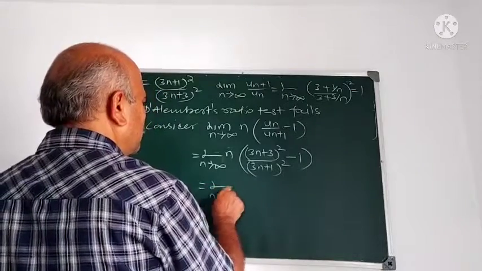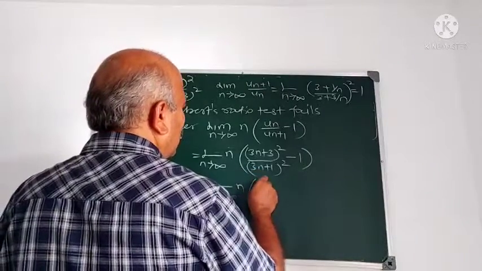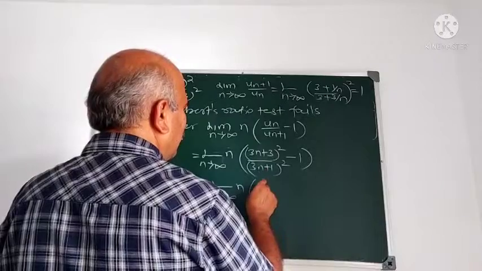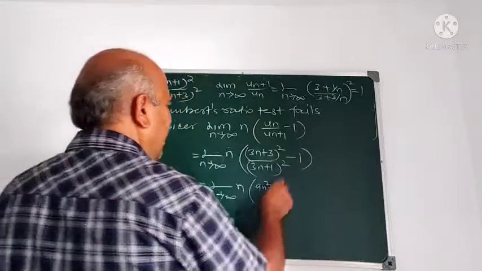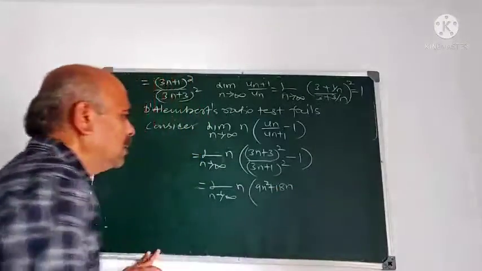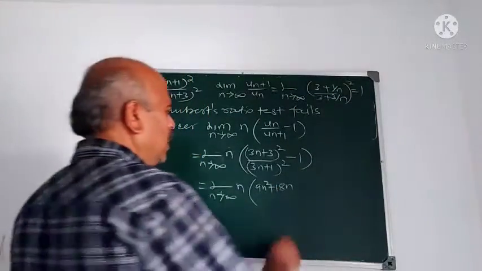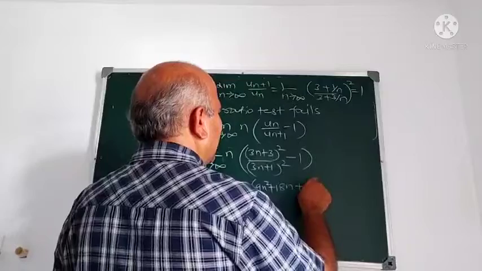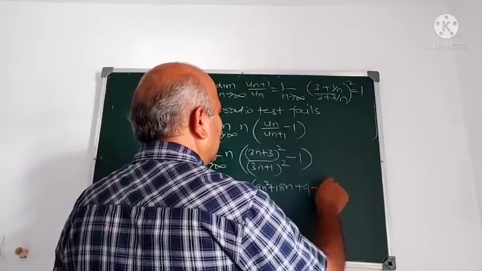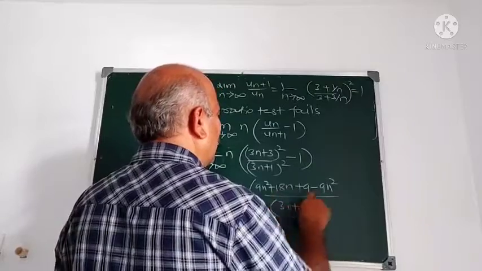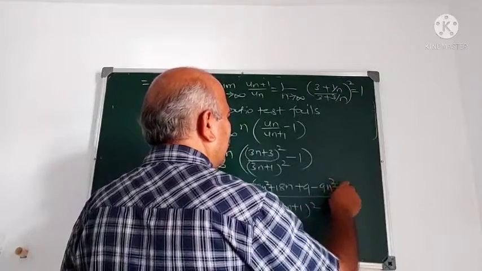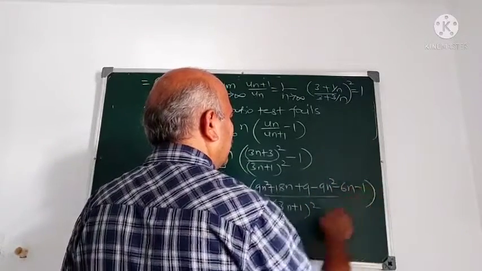Limit n tends to infinity of n into 3n plus 3 whole square, which is 9n square plus 18n plus 9. Taking LCM, 3n plus 1 whole square, minus 9n square minus 6n minus 1.